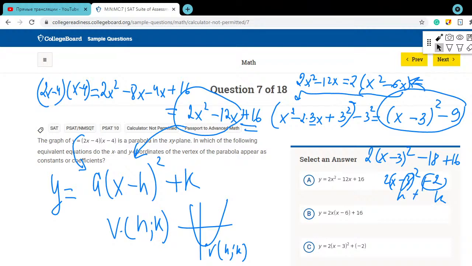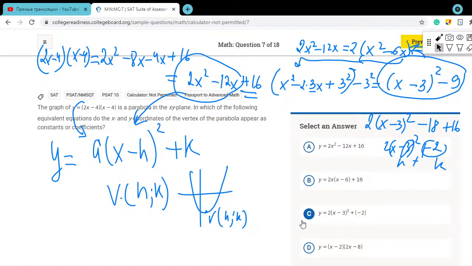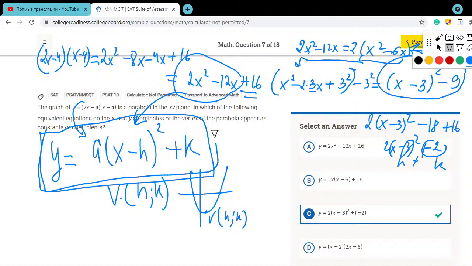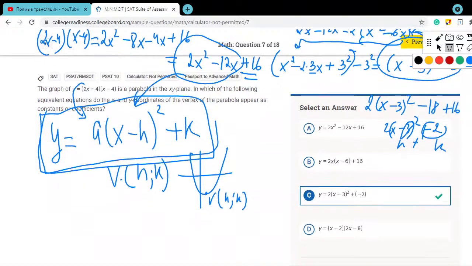Actually, we do have the answer here, it's C. Another way to solve it is, since you know that this should look like something like this, to be able to find the coordinates of the vertex we just look at the answers given. So it's not this one.